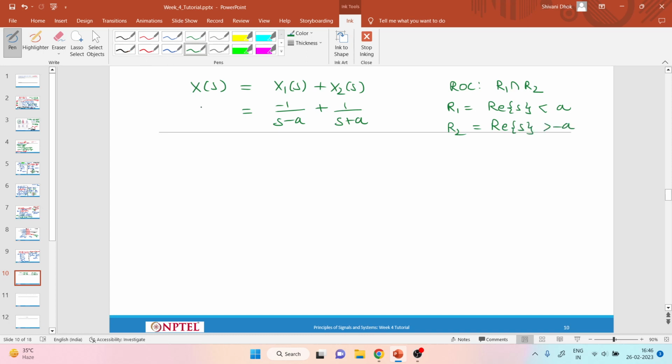So let us try to plot it. This is my sigma, this is j omega, then this is my minus a, this is my a. Let's say I draw a line here and draw a line here. My R1 is the region where the real part of s is less than a, so it is this region.